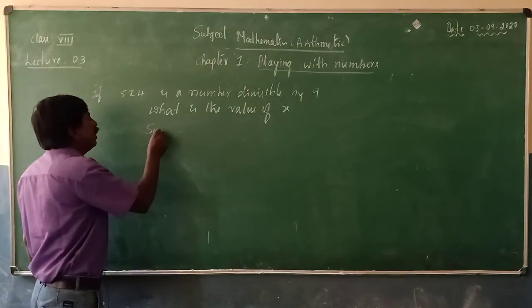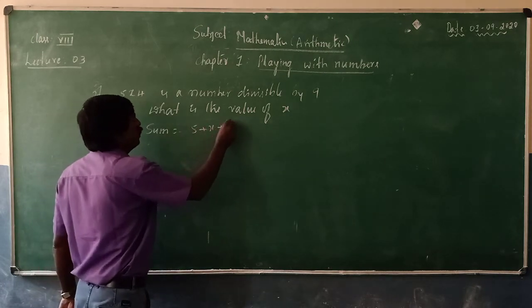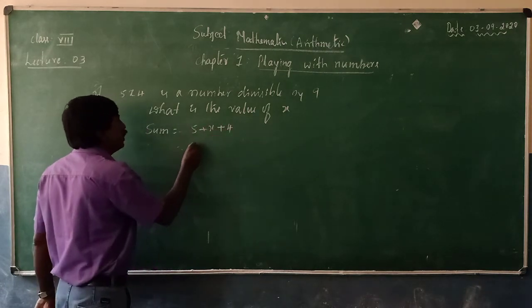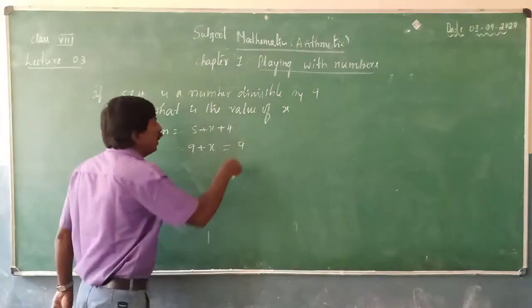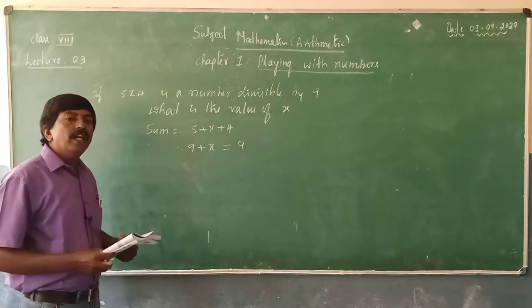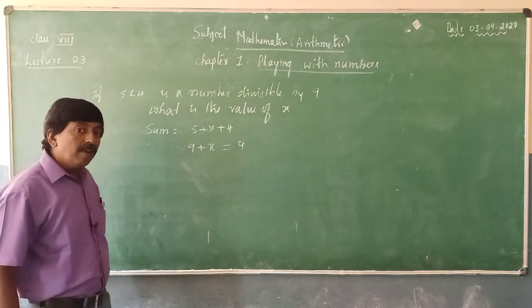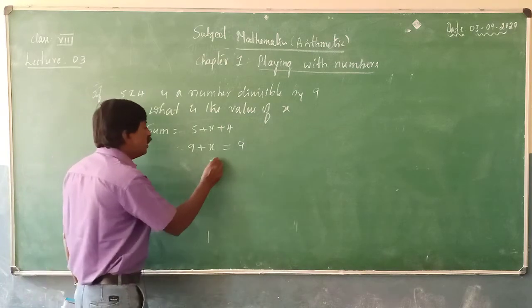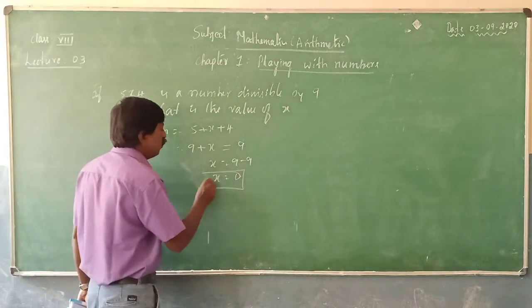Yes, you can find its sum. Sum is equal to 5 plus x plus 4. Now it is 9 plus x, which is equal to 9. Either equal to 9 or greater than 9 you can consider. Among that the first one. Now x is equal to 9 minus 9. X is equal to 0.